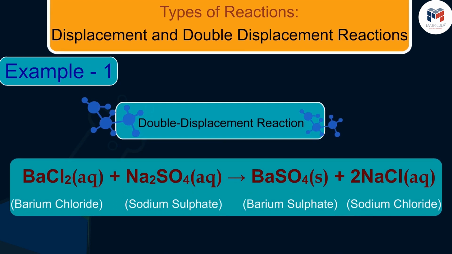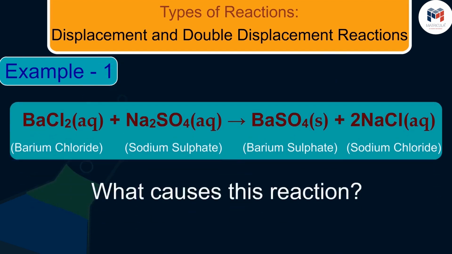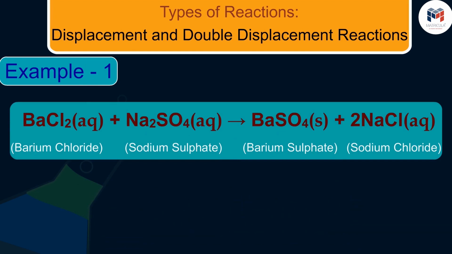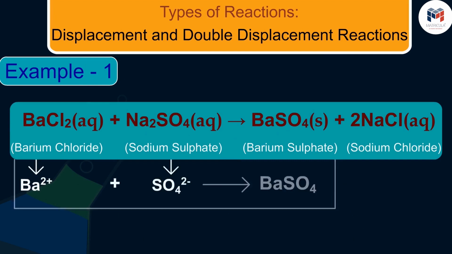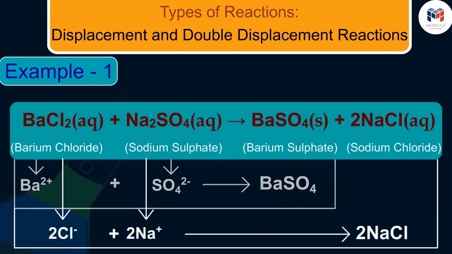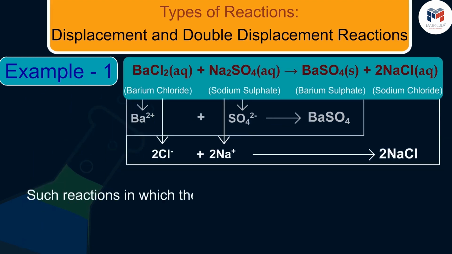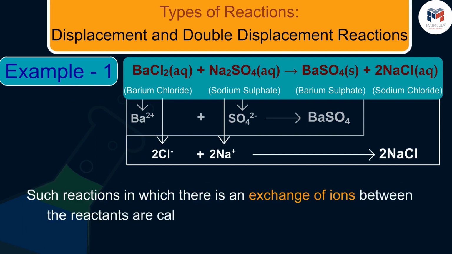Friends, isn't this an interesting reaction? But what causes this reaction? The white precipitate of BaSO4 is formed by the reaction of SO4 and Ba2+. The other product formed is sodium chloride, which remains in the solution. Such reactions in which there is an exchange of ions between the reactants are called double displacement reactions.